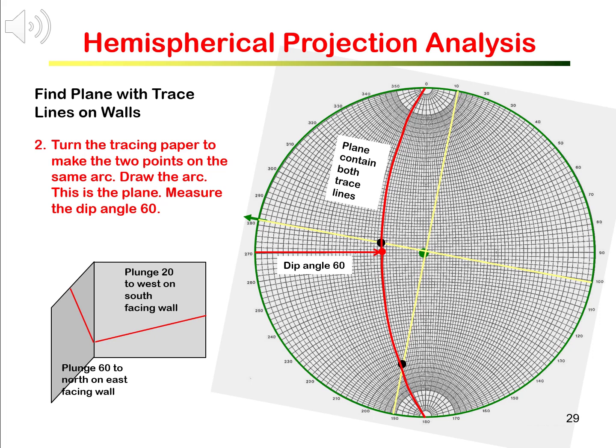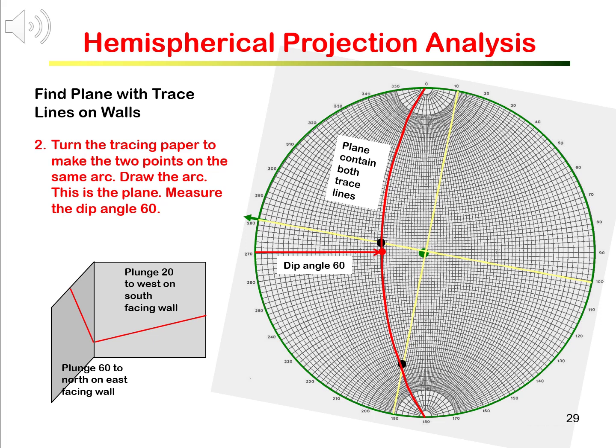Step 2 is to turn around the tracing paper so that the 2 points are on the same arc on the base net. Draw the arc, following the base net. The arc is the red arc, shown on the right diagram.